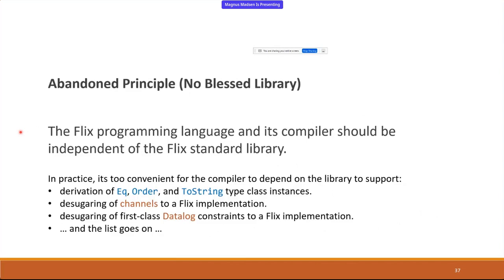But in practice, it's just simply too convenient for the compiler to know about the library, and for the language also to make certain assumptions about the library. In particular, today, the Flix compiler makes a lot of assumptions about the existence of certain type classes and how they look like. It also assumes that it can desugar the channel implementation to some Flix implementation and many other things like this.